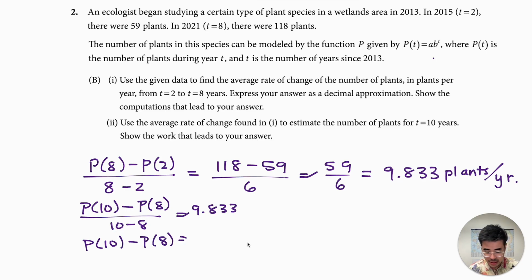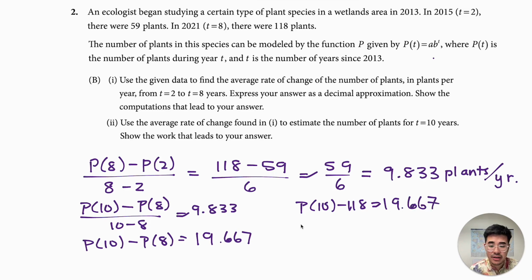And when I multiply both sides by 2, I get 19.667. Now what is P of 8? P of 8 was 118, so I get P of 10 minus 118. And then I add 118 to both sides, so I get P of 10 is equal to 137.667.